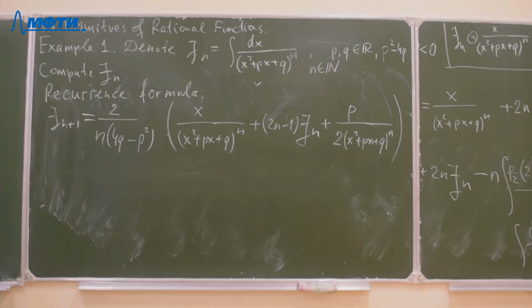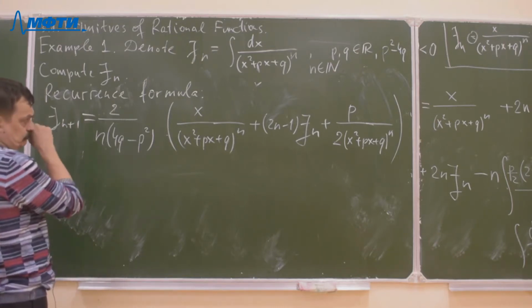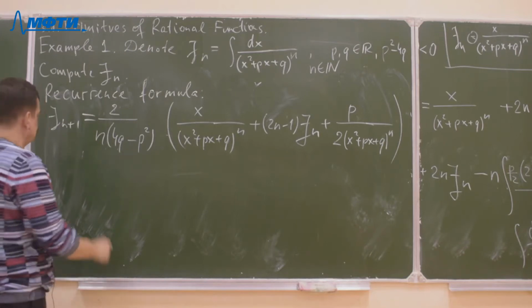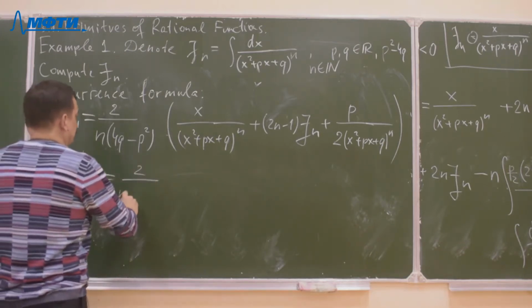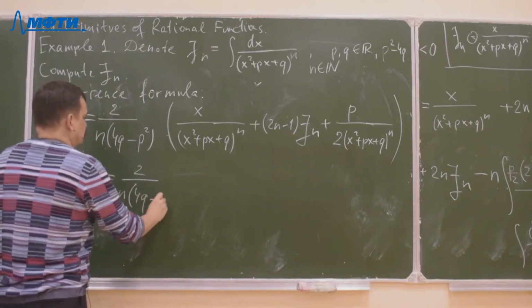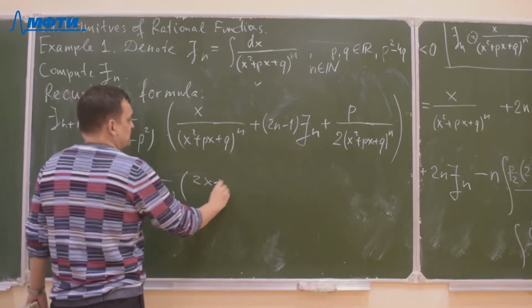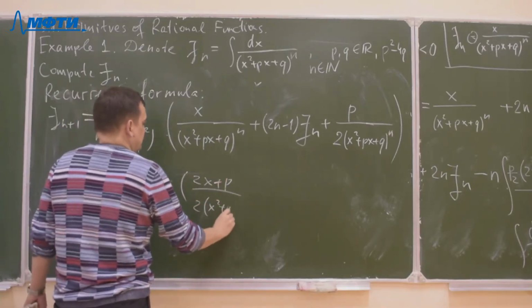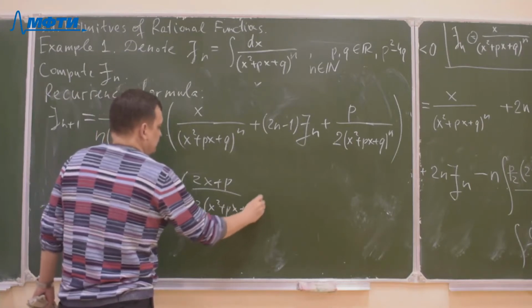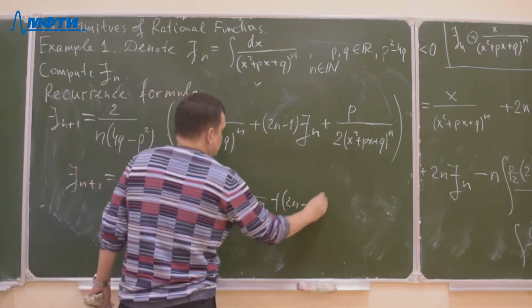So the shorter formula will be J n plus 1 equals 2 over n(4q minus p squared) times (2x plus p) over (x squared plus px plus q) to the power n plus (2n minus 1) Jn.